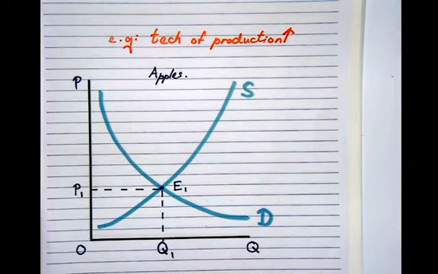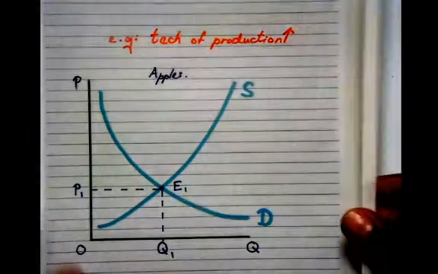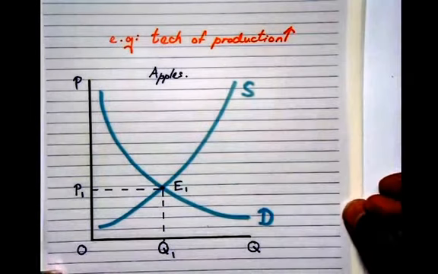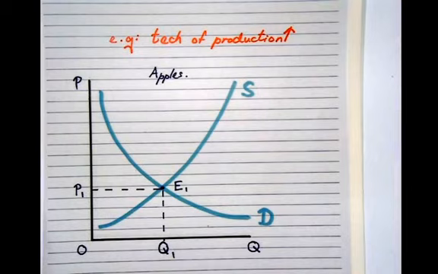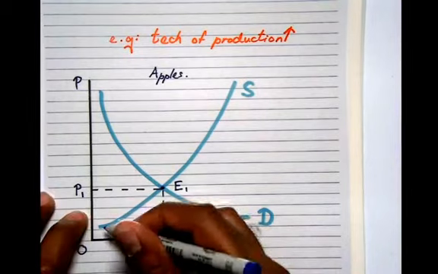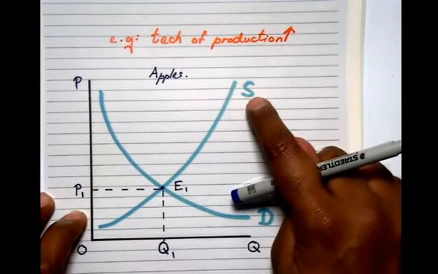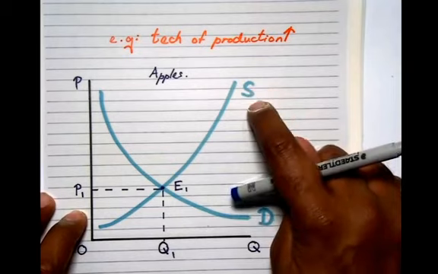You're just thinking who will be initially impacted. Production. The initial impact will be on buyers or sellers? Sellers, because they're the ones producing. It's production. The production process is the sellers. So the curve that's going to shift now is supply.